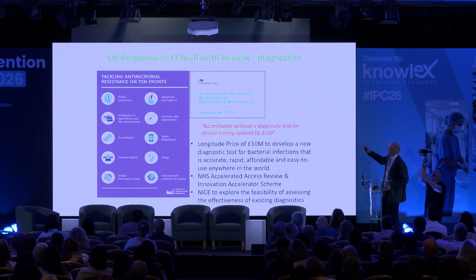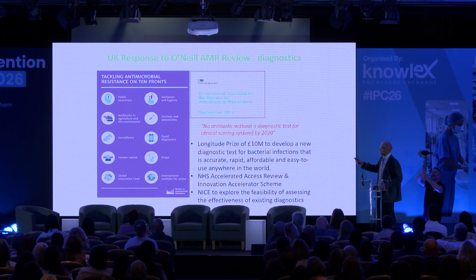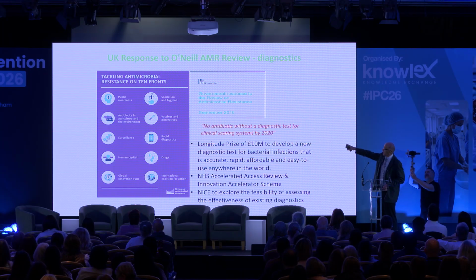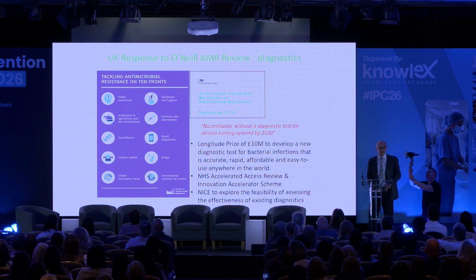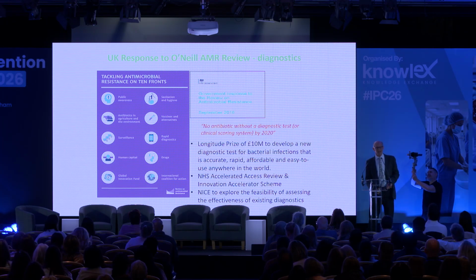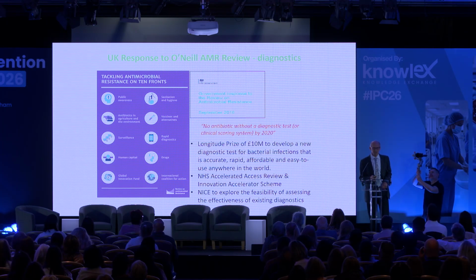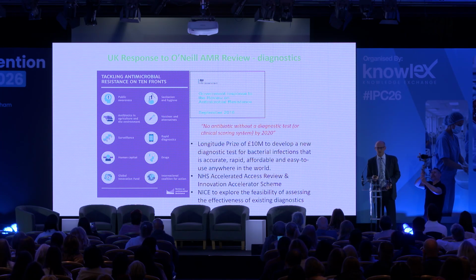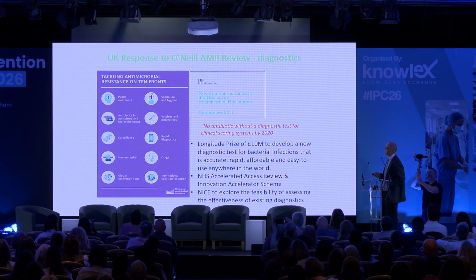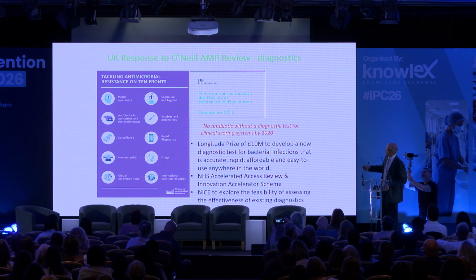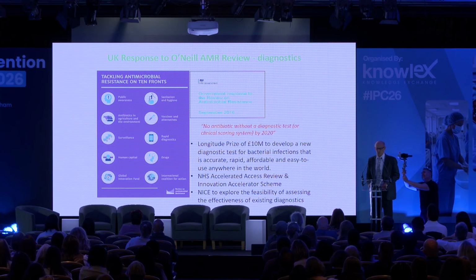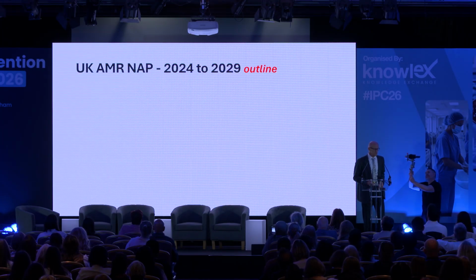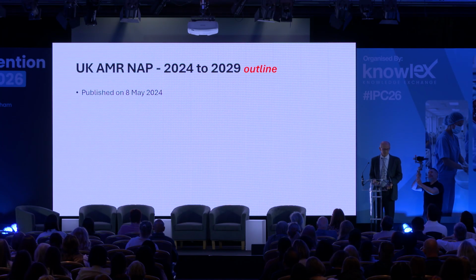Indeed, the government's response to that report did say, quote, no antibiotic without a diagnostic test or some sort of clinical score by 2020. So we're only 6 years and counting late. The response also talked about the Longitude Prize, and some other issues as well. I'll mention some of those in a minute.